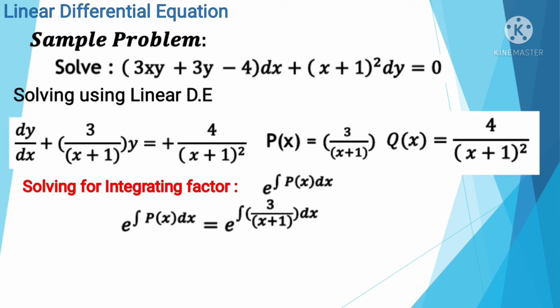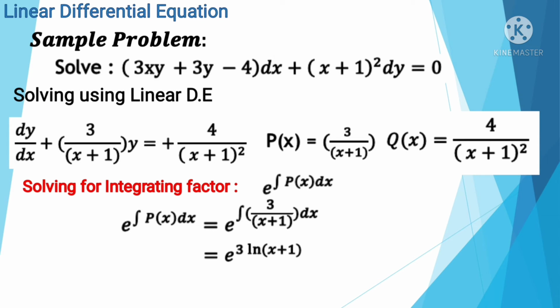Solving the integrating factor e raised to the integral of p of x dx, we will have e raised to the integral of 3 over the quantity of x plus 1 dx. Solving the integral of 3 over the quantity of x plus 1, we will have 3 ln of x plus 1. So our equation now would be e raised to 3 ln of the quantity of x plus 1.